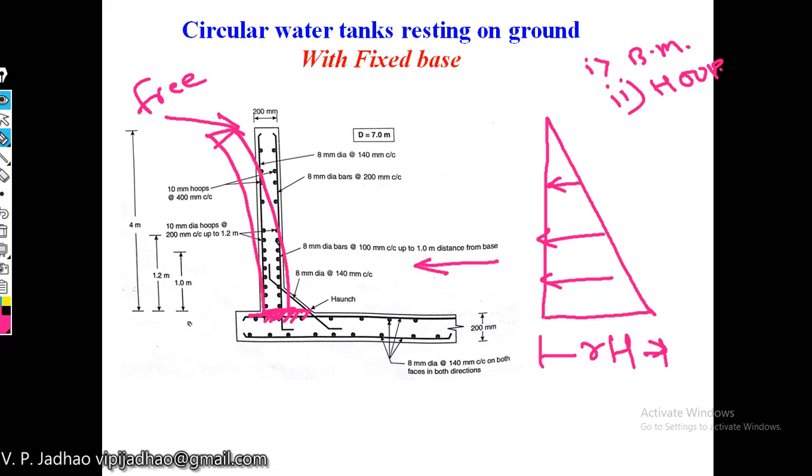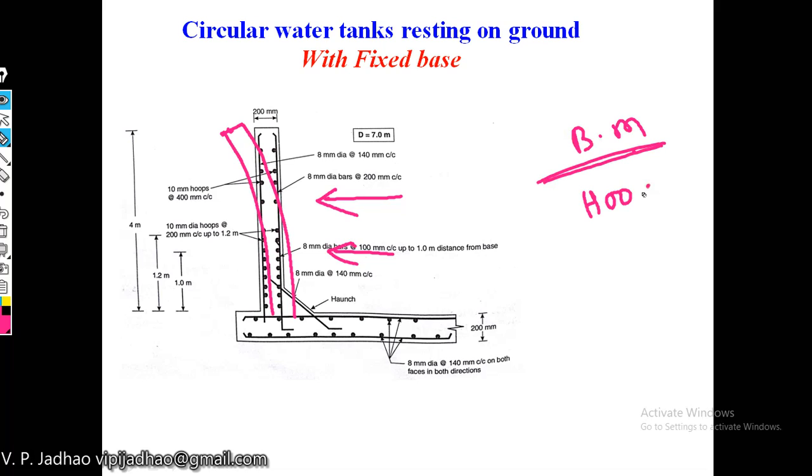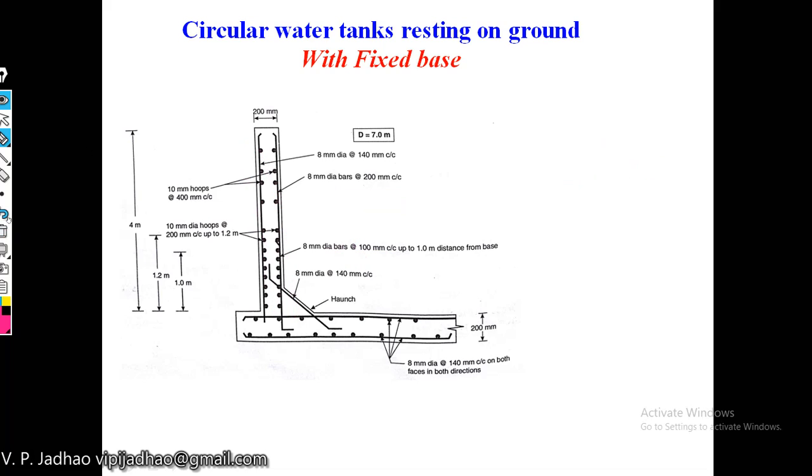This is due to bending moment. At the same time, due to hoop tension acting on this wall, it will again bend. So we have to use the combination of bending moment and hoop tension while designing your water tank with fixed base.